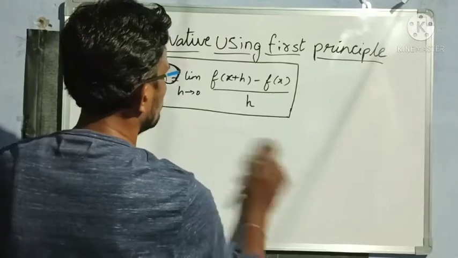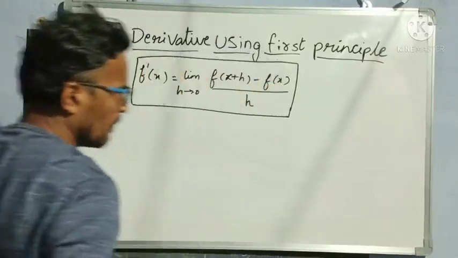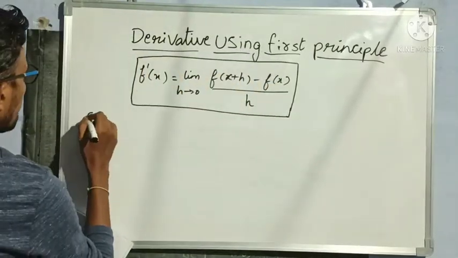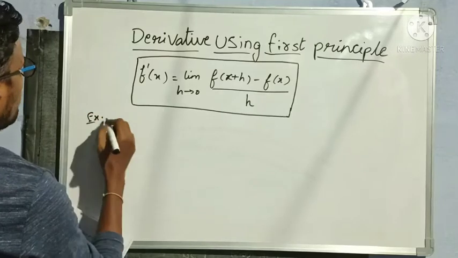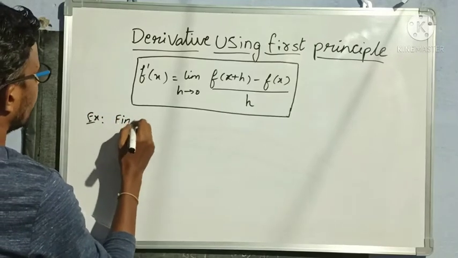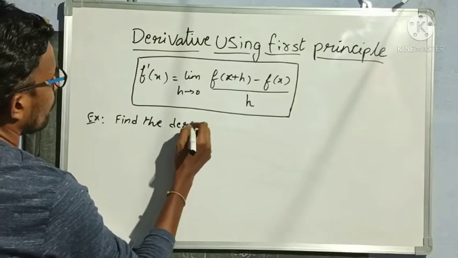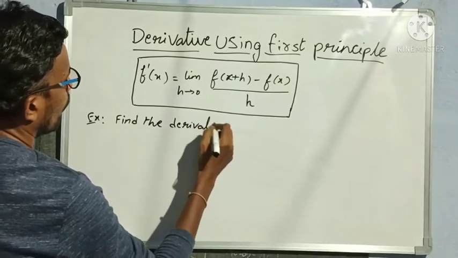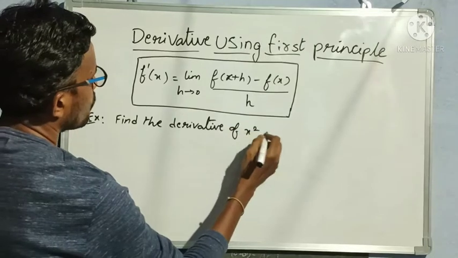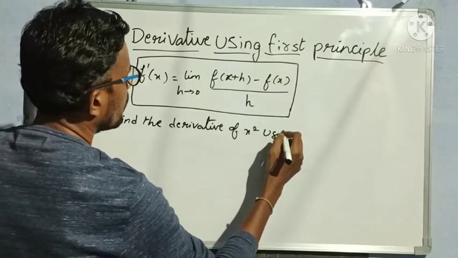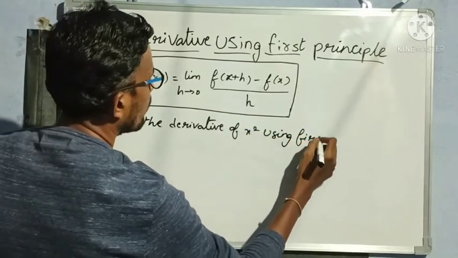Example: find the derivative of x square using first principle.